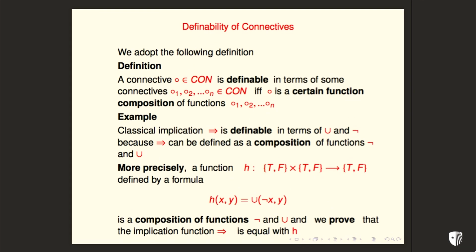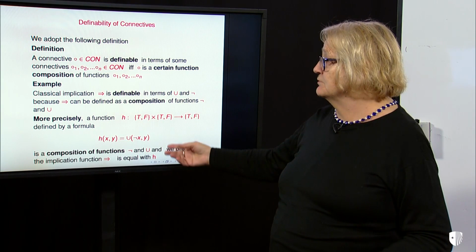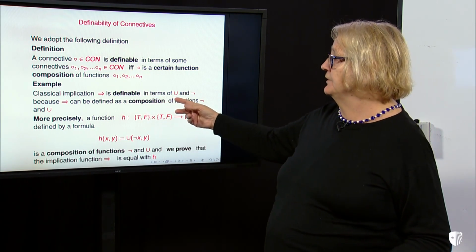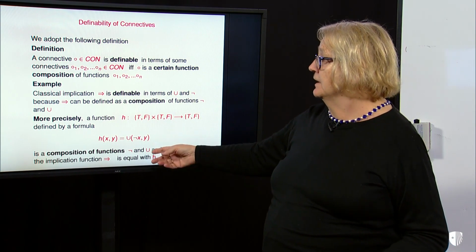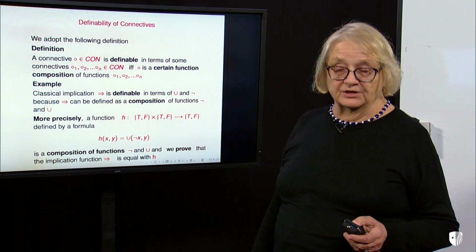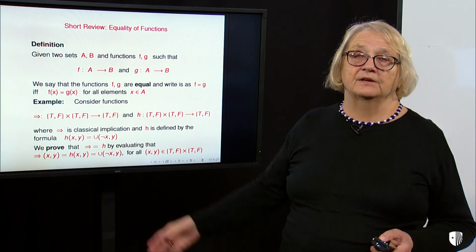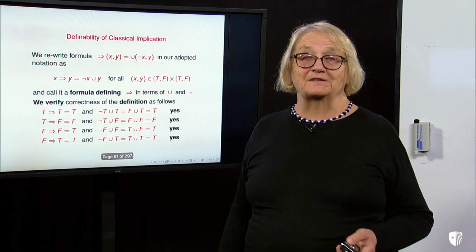It means that it is a composition of those other functions. So you say that implication is definable in terms of disjunction and conjunction if it can be written as a composition of conjunction and disjunction. And here is, in general, what a composition of functions means.